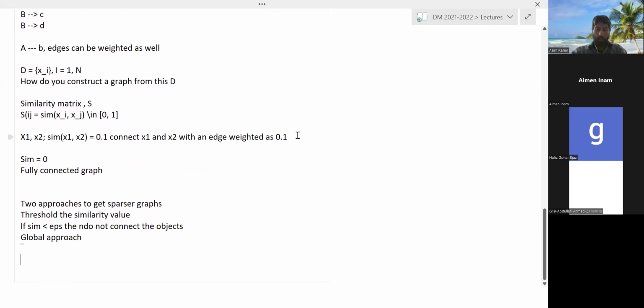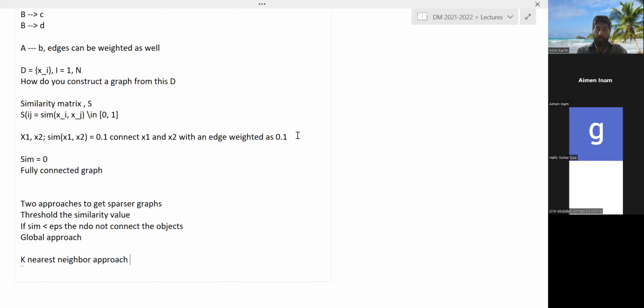The other approach that is commonly used is called the K nearest neighbor approach. By the way, this K nearest neighbor is not clustering, it's not classification as we discussed earlier on. This is just the K nearest neighbor, and you connect them.